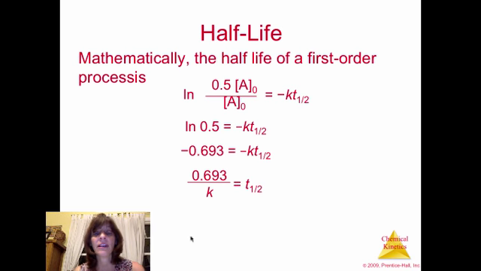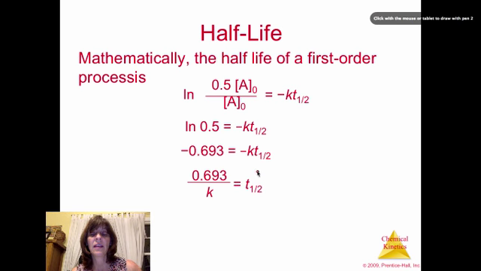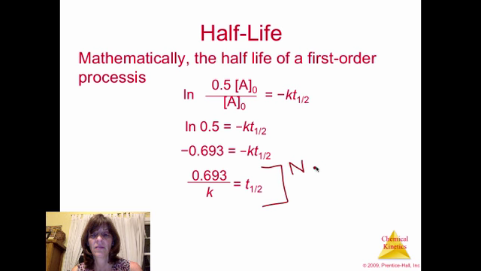Interesting to note here is the fact that half-life of a first-order reaction does not depend on concentration. Half-life is independent of the concentration because you get half each time when you do a first-order reaction. That's pretty cool. So no matter what half-life decomposition you get, it's 0.693 over the rate constant.